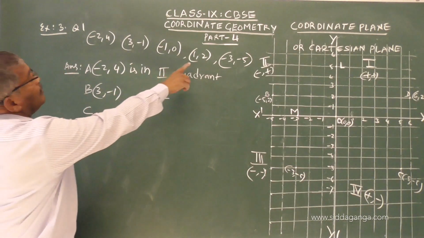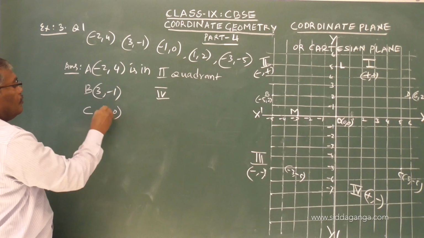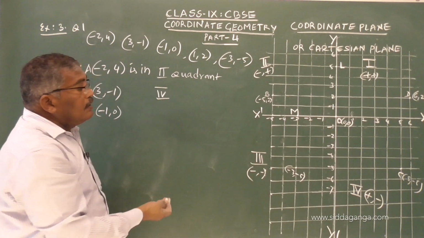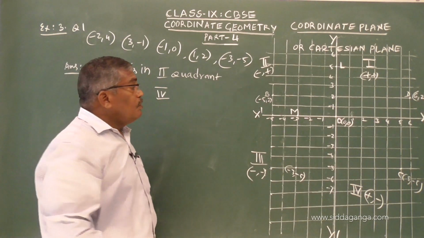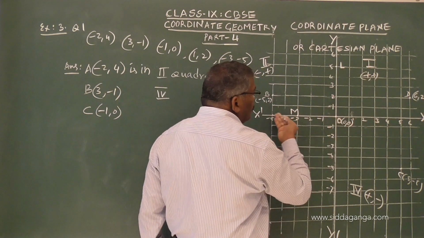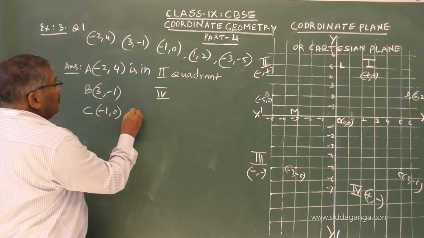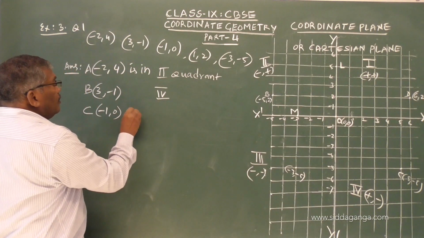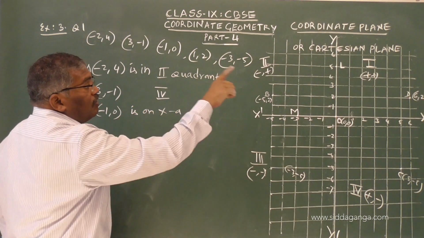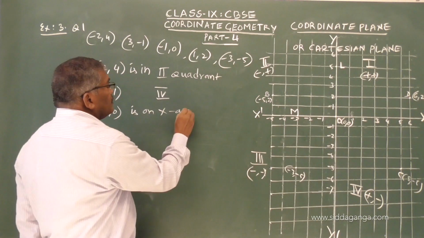C, (-1, 0), x negative and y is 0. So therefore when y is 0, the point is on the x axis. You see, it is not in the first, second, third or fourth quadrant. It is on the x axis.